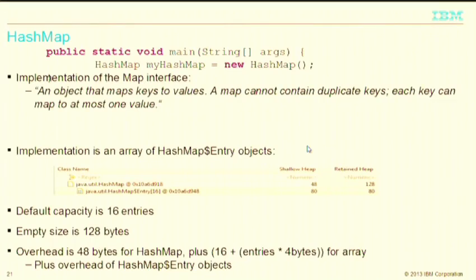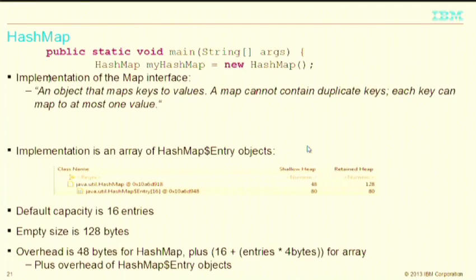Now, the amount of memory that uses: first of all, when you create a new hash map, and just do new hash map without putting any data inside it, you get a hash map object, and that references an array of hash map entry objects, and its default size is 16. So you've got a hash map object and a 16-element array, so 2 objects allocated as a result of calling new hash map. Its total size is 128 bytes.